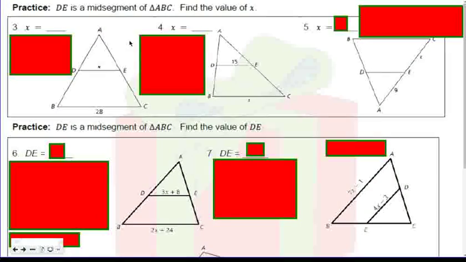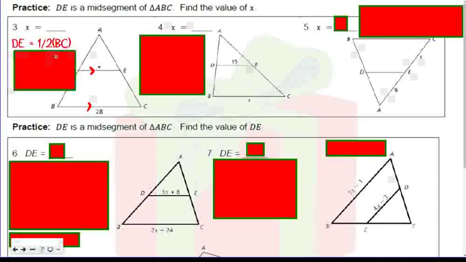So now let's set up and solve some proportions. Since DE is a midsegment, I know it's going to be parallel. And I know that DE is half of BC. So plug in what it is. What is DE? It's X. Half of BC, half of 28.